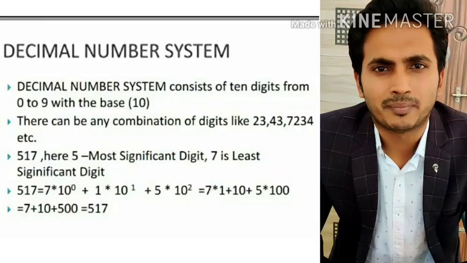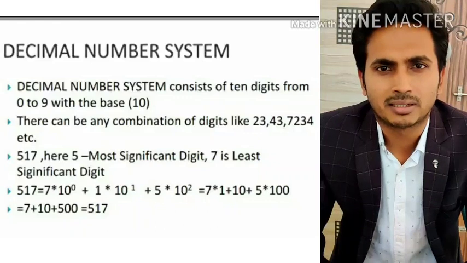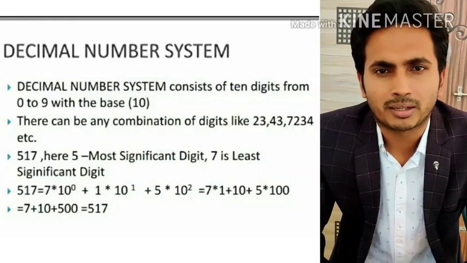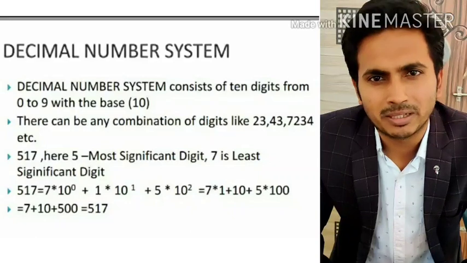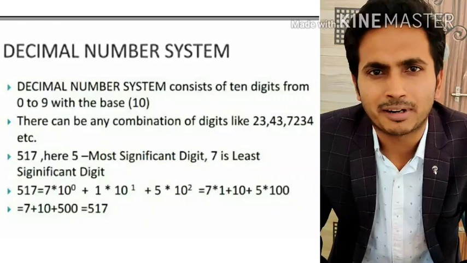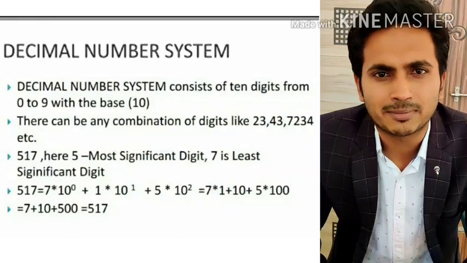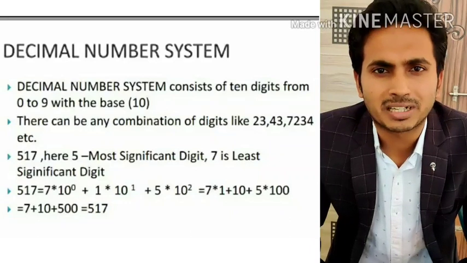What is the meaning of this? When we have to convert this number, see how 5, 1 and 7 are forming it. 7 is at the unit place, so we multiply 7 with 10 to the power 0. The value of 10 to the power 0 is 1. We put 7 at the 0 position because we start from 0.